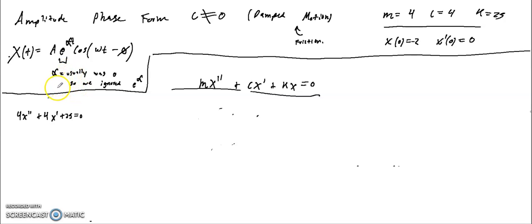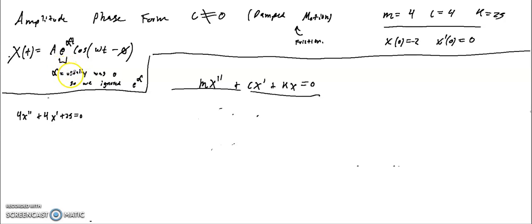In amplitude phase form for complex equations, you also have this e to the alpha t. But alpha was always going to be 0 because you have negative k over m, like the square root of that. It would be 0 plus or minus the square root of negative k over m, or i omega. Alpha would always be 0, and when this equals 0, that just goes away.